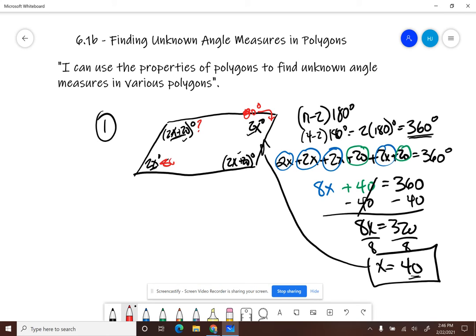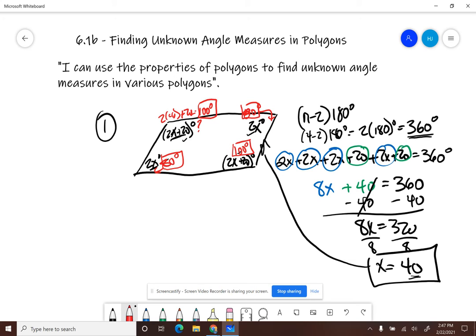This one would also be 80 degrees. If I put 40 in here, 2 times 40 plus 20: 2 times 40 is 80, 80 plus 20 gives me 100. And if that angle's 100, then this angle also has to be 100 as well. So these would be my answers that go inside my quadrilateral.